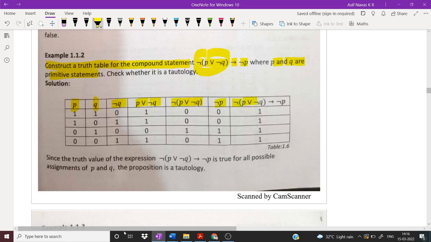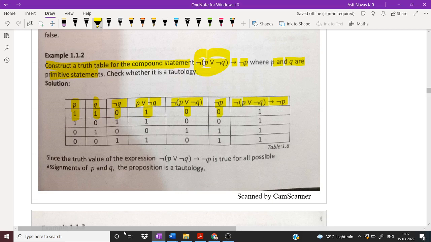If P is true and Q is true, then negation Q is 0, P disjunction negation Q is 1, and its negation is 0.